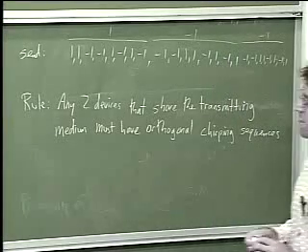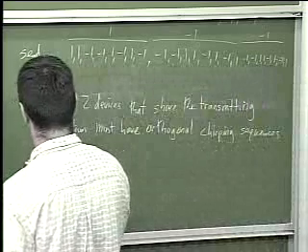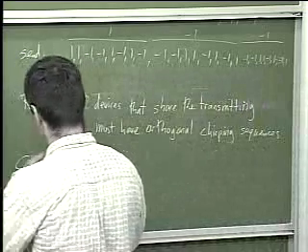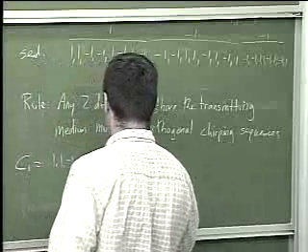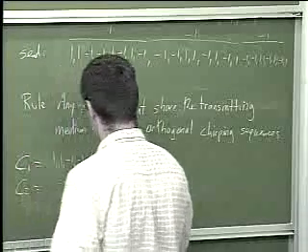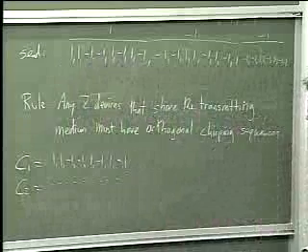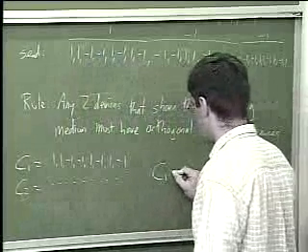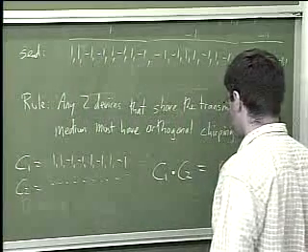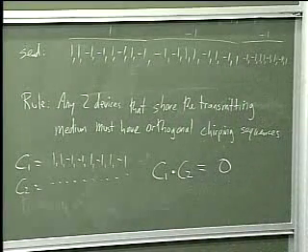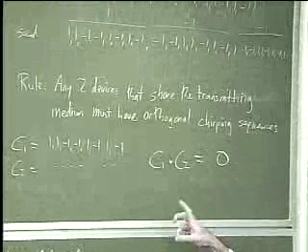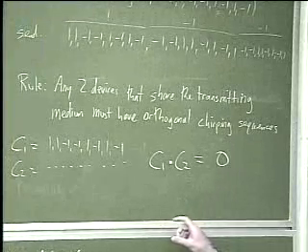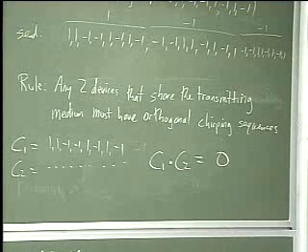Okay, orthogonal means if the chirping sequence for device 1 is C1, and C2 is something else, then C1 dot product with C2 has to equal 0. The dot product, you just take it term by term, you multiply together, and then you add them up. And if that comes out to 0, they're orthogonal.